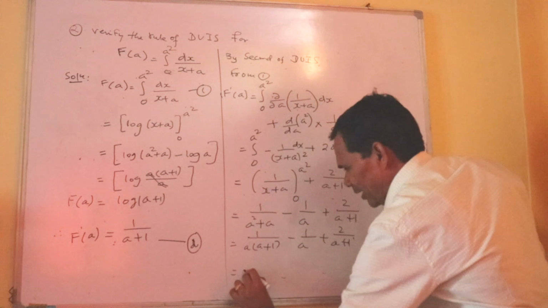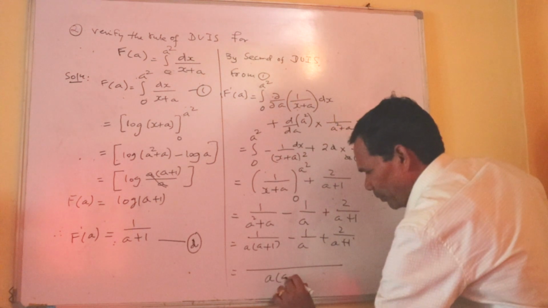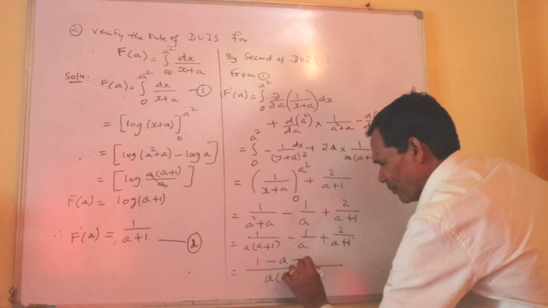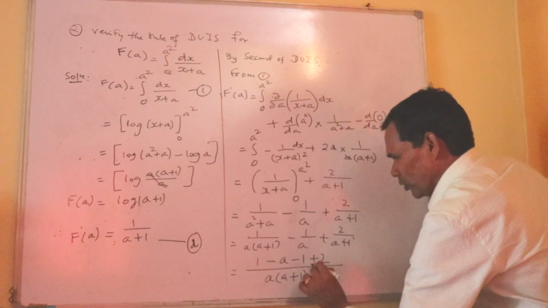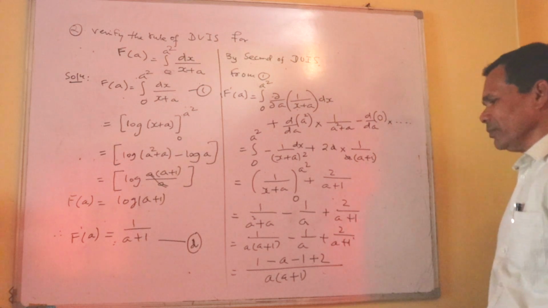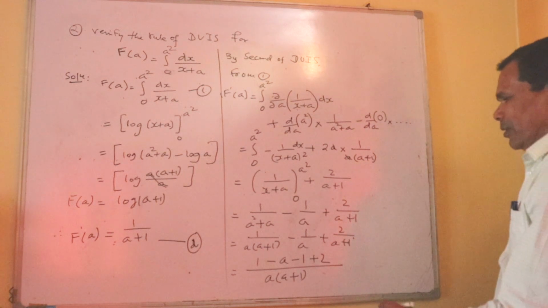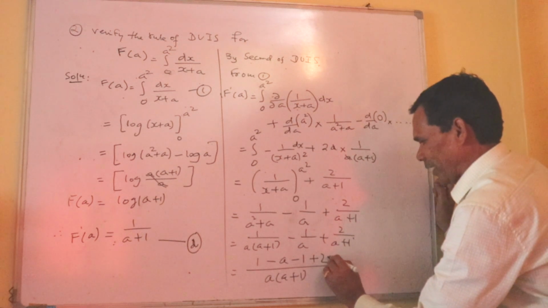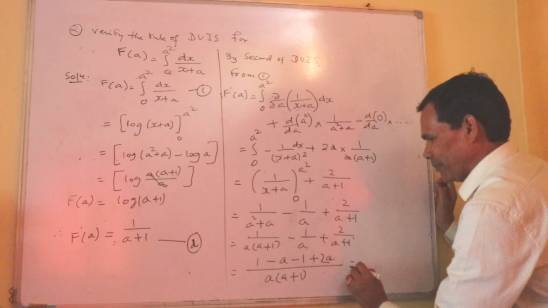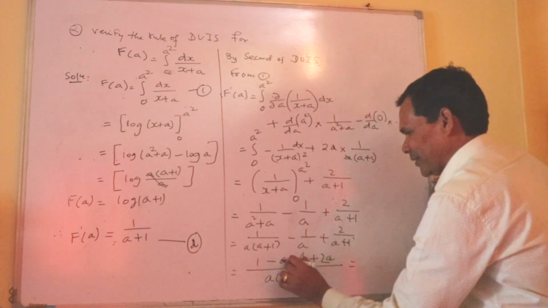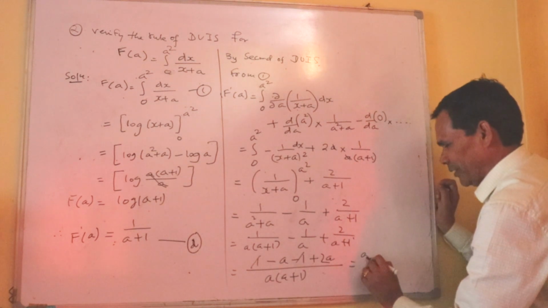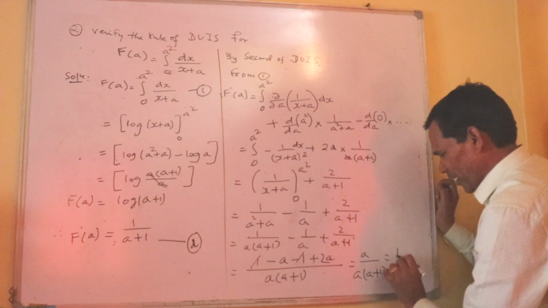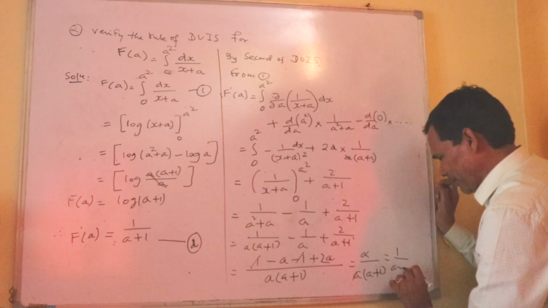I take the LCM, which is a plus 1. So you get 1 minus a minus 1 plus 2... this is a plus 1, here 2 times a is there. So we simplify this and see what is happening. This is a divided by a plus 1, so it is 1 upon a plus 1, as a gets cancelled.